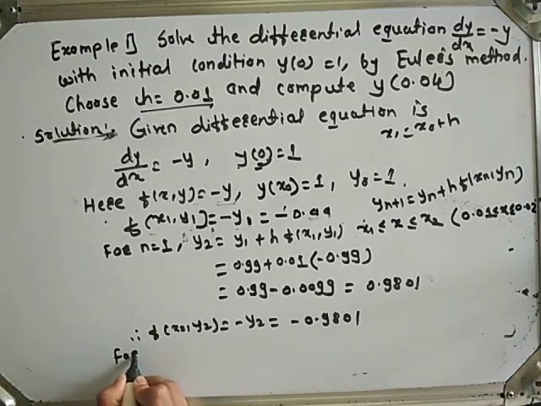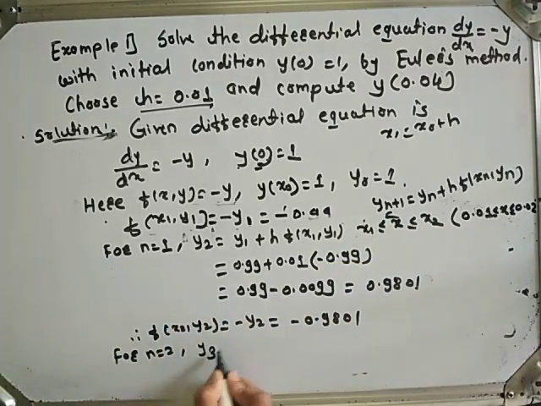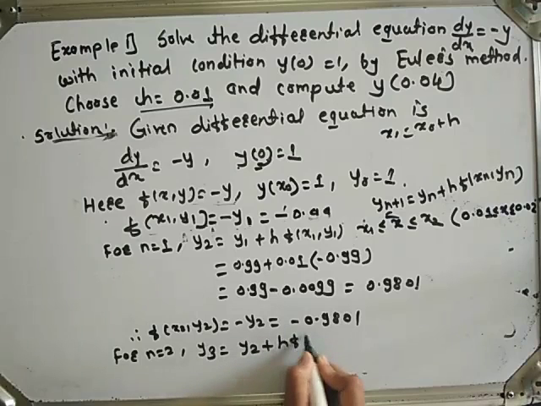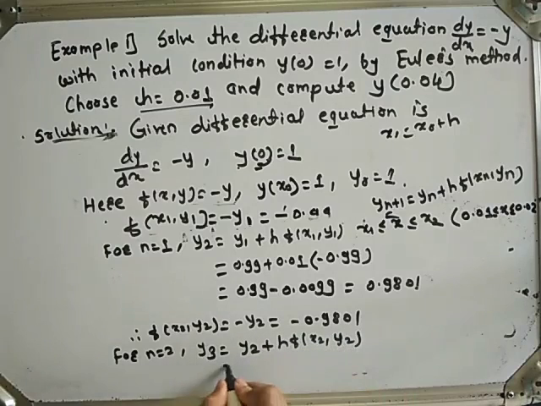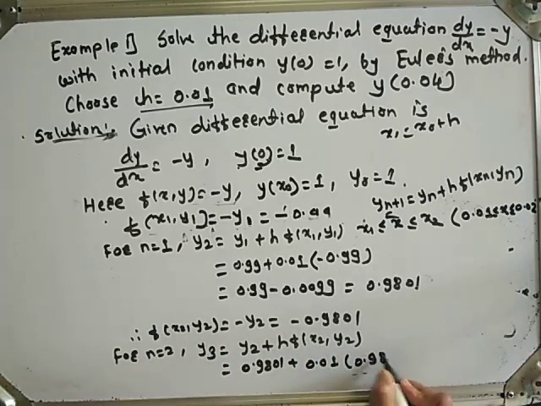For n is equal to 2, the formula becomes y3 is equal to y2 plus h into f of x2 comma y2, which is equal to 0.9801 plus 0.01 into minus 0.9801, which is 0.9801 minus 0.009801.